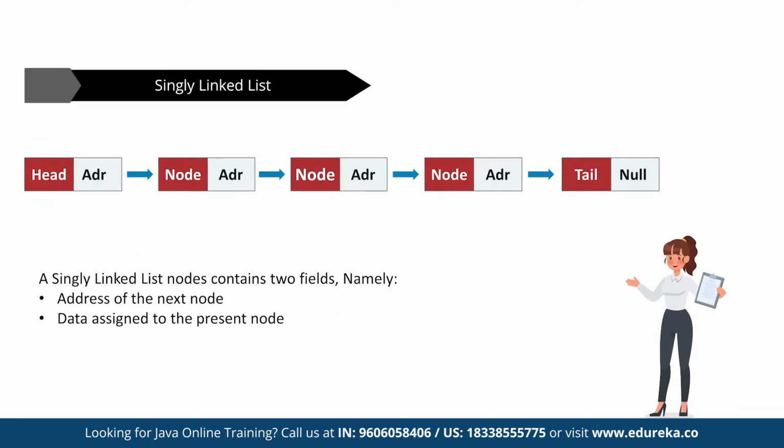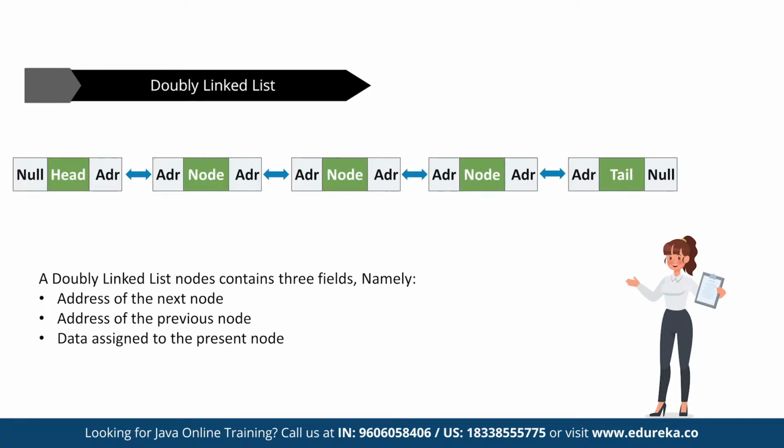If we talk about the singly linked list, here we have one head, and then multiple nodes attached, with the last value as null. A singly linked list simply contains two fields: the address of the next node and the data assigned to the present node itself.